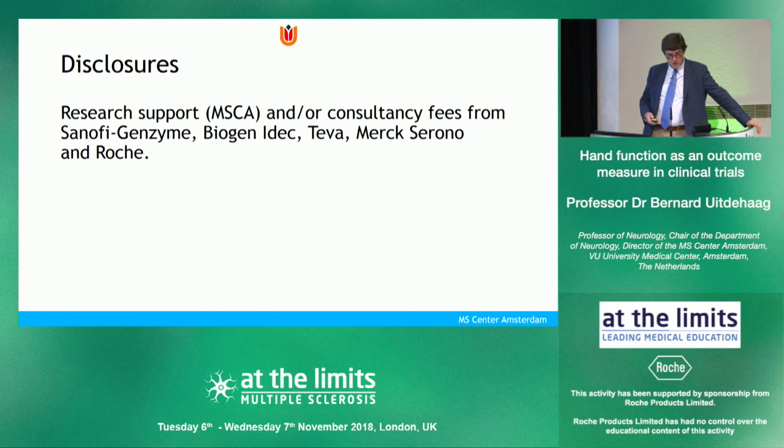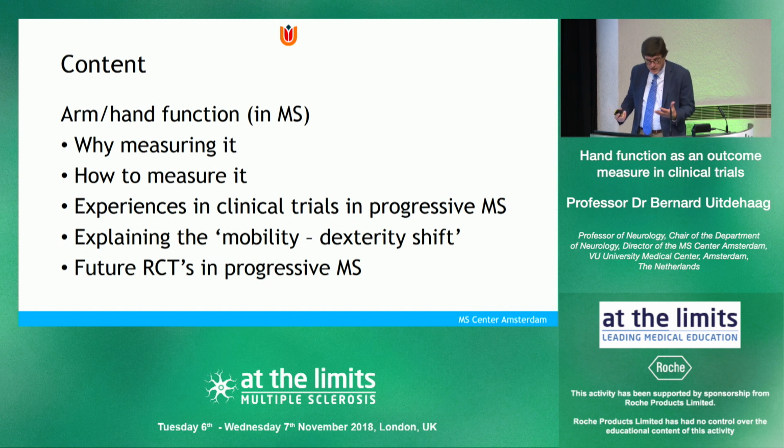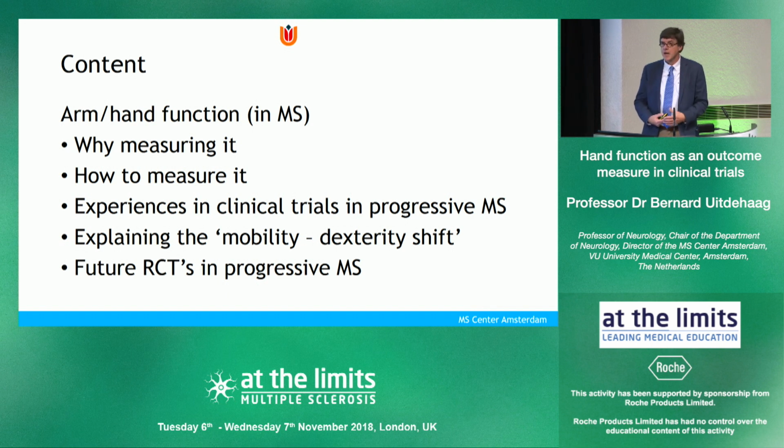These are my disclosures, and actually I do have an additional disclosure, but I'll come to that later on in the presentation. What I want to talk about is the arm-hand function. Arm function, hand function, to combine the upper limb. Why measure it, how to measure it, and what the experiences are in clinical trials in progressive MS related to upper limb function.